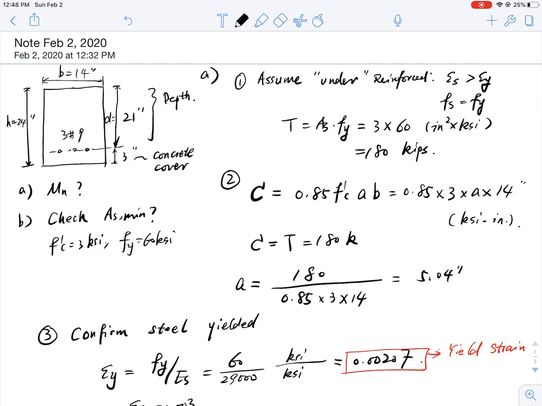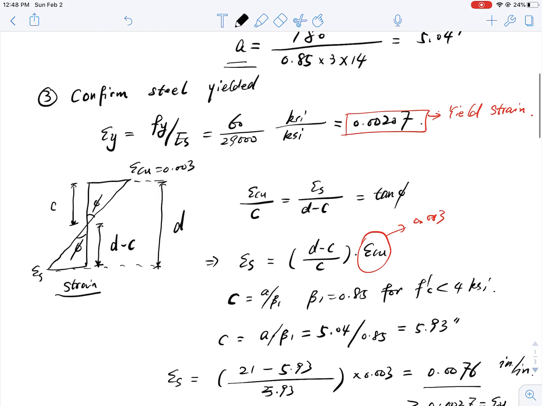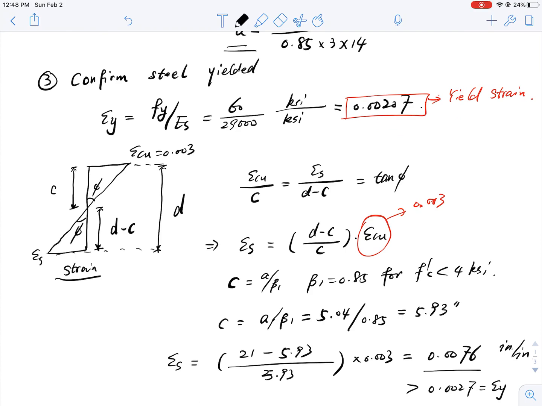Okay, so let's quickly review. We assume the steel yielded at failure, and we find out the compression force, and then let it equal the tension force and find my effective compressive zone a. Once I find that, I will come back and confirm whether the steel yielded or not. To confirm that, I'll find the yield strain of the steel, which is 0.00207, given a grade 60 steel.